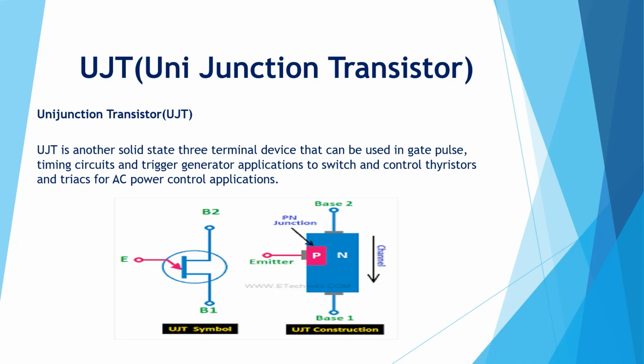It also exhibits negative resistance characteristics, which makes it useful as an oscillator. What exactly I mean by negative resistance characteristics, we will understand when we go through the characteristics of the uni-junction transistor.